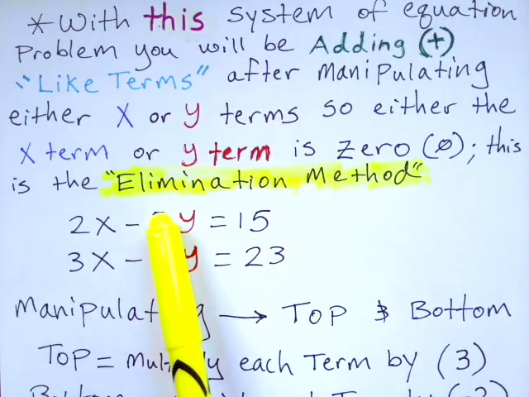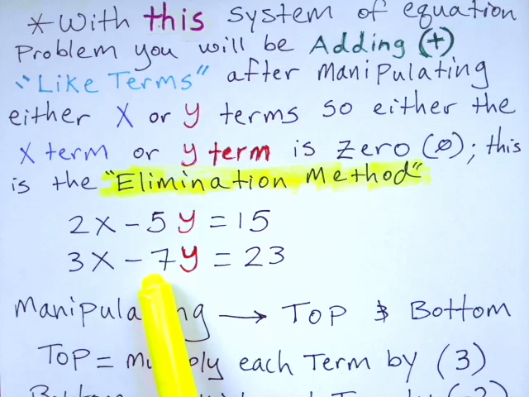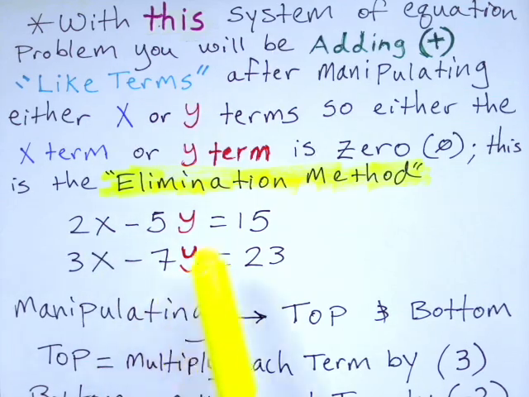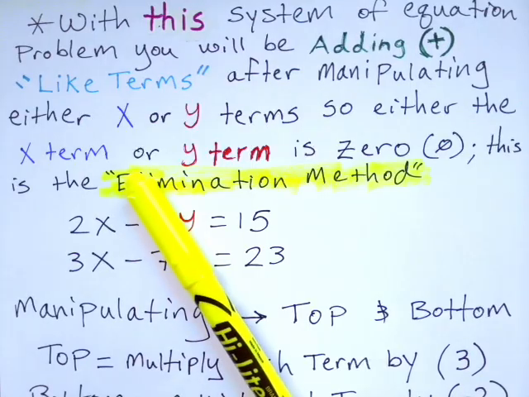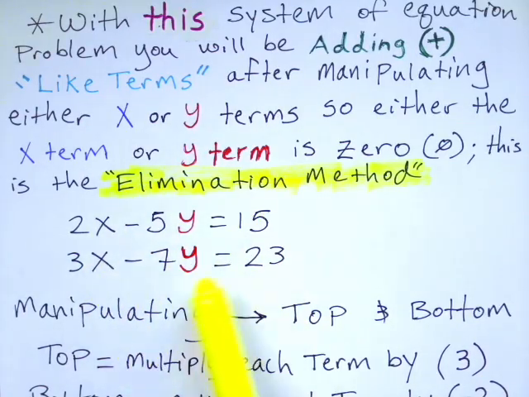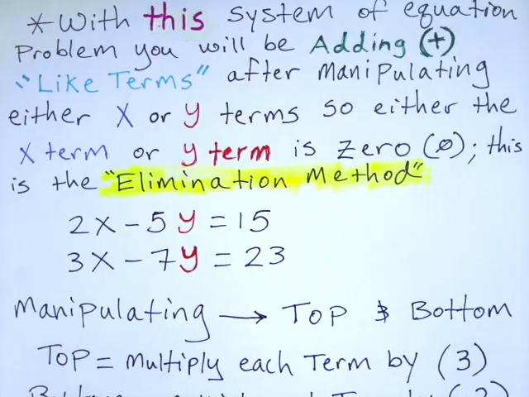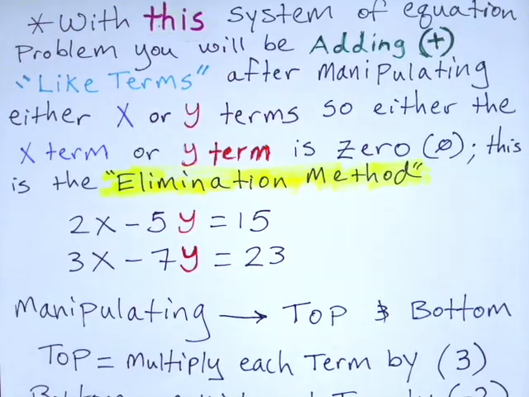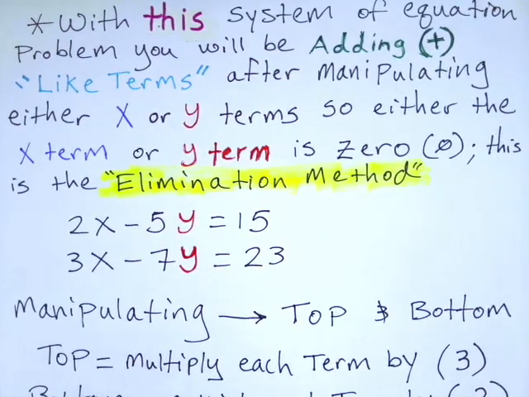That would give me a -35 over a +35. And when I added all these like terms, I would eliminate the y values. Of course, I would add the remaining terms and solve for x. Okay, that is the goal of the elimination method.